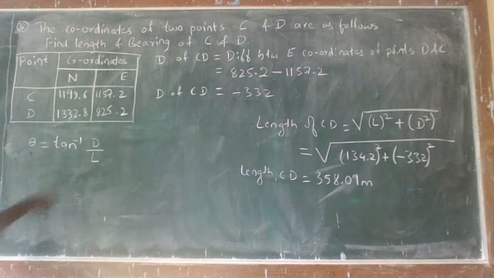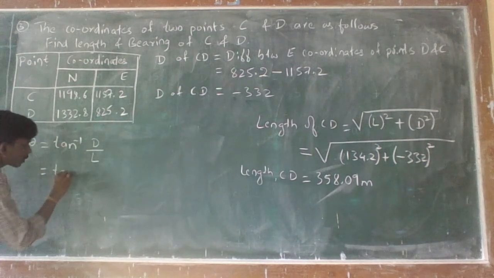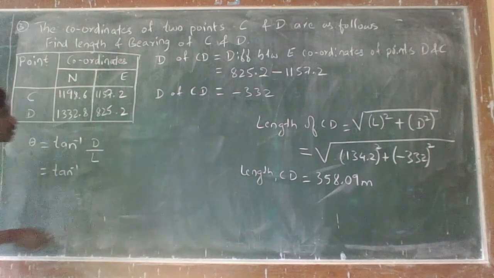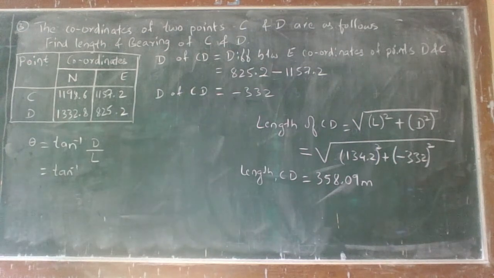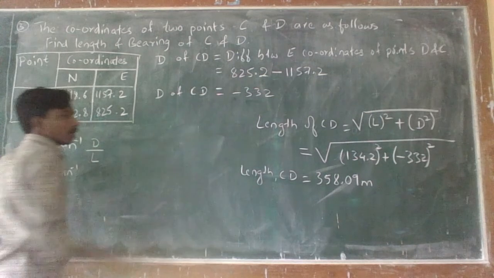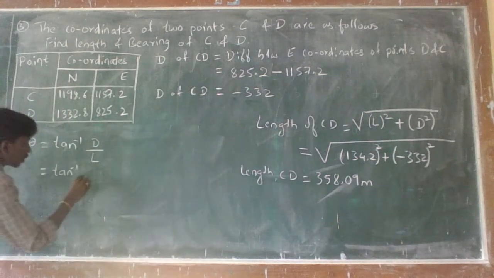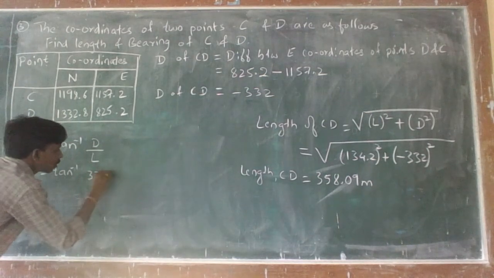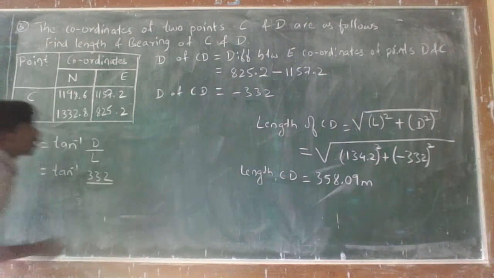Now we know departure, we know the value of latitude. Now substitute in the formula tan inverse departure. So the departure value is 332. Leave the sign, it is not necessary. 332 divided by latitude.